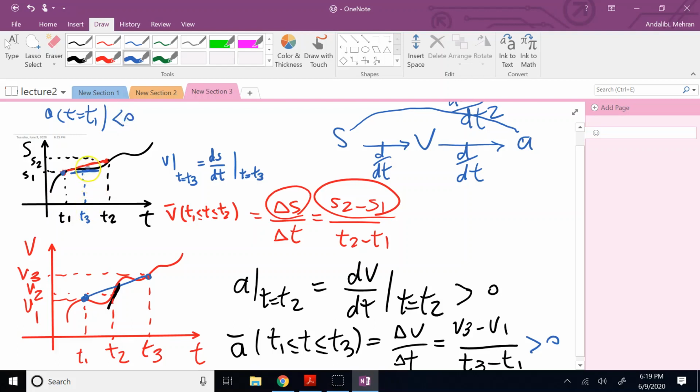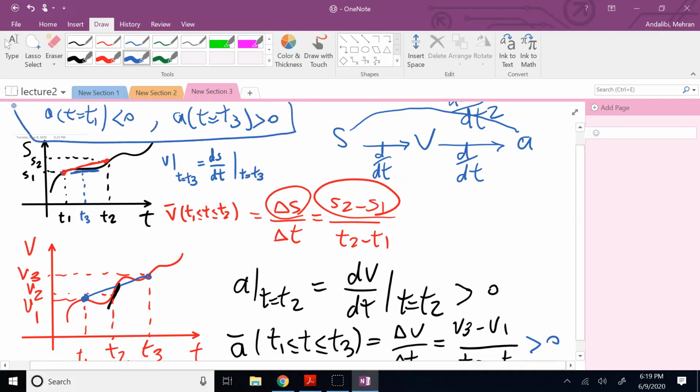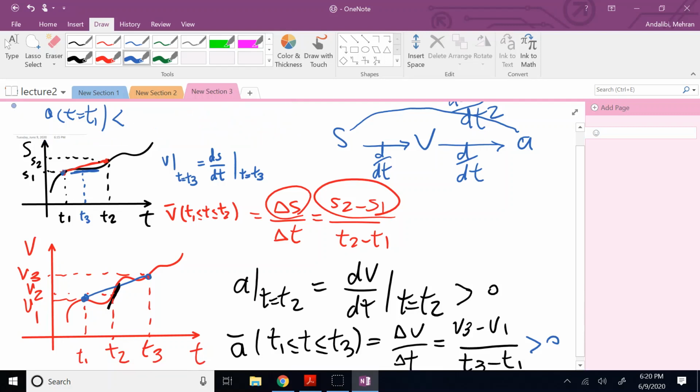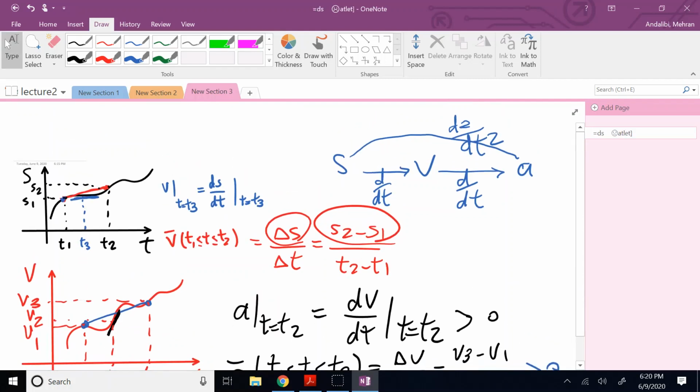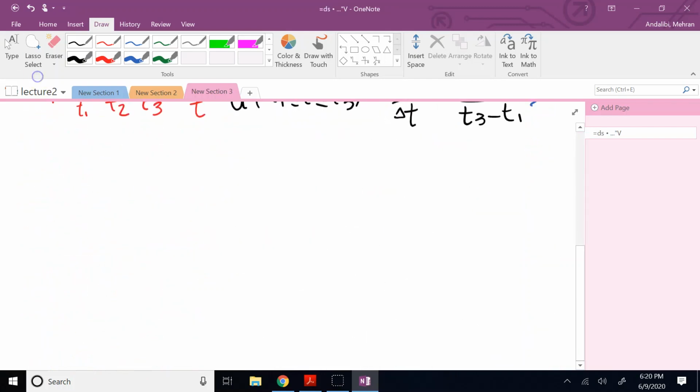But for t3, the curvature is upward, so the acceleration for point t3 is what? Positive. So you can at least infer the sign of acceleration in an s-t graph, if not the magnitude directly. Okay, so this is the relation between s, v, and a derivatives.